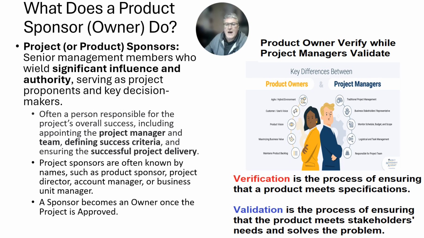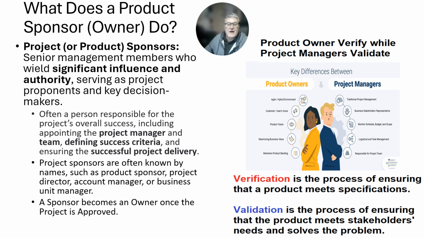What does a product sponsor or product owner do? Product or project sponsors are senior management members who wield significant influence and authority, serving as a project proponent and decision maker. Often a person responsible for the project's overall success, including the appointing of a project manager. They oversee the assembly of the project team.